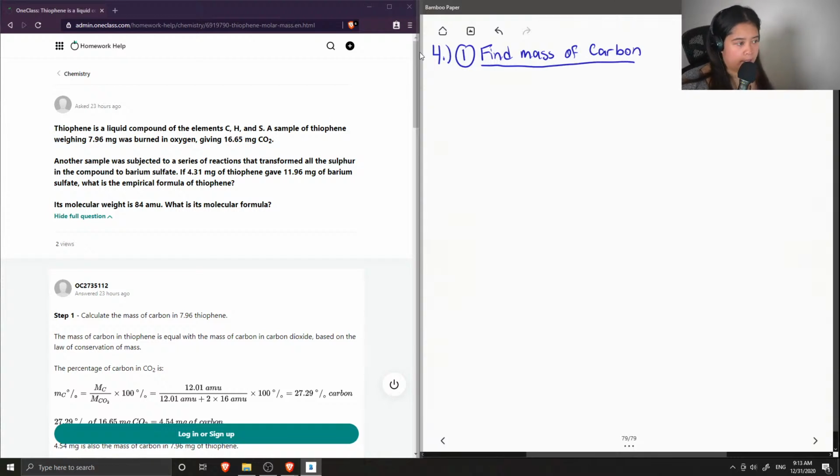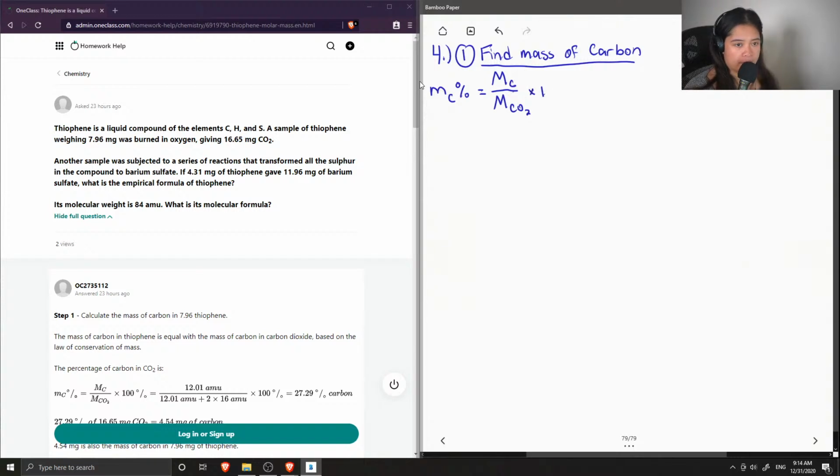So the question says that when a sample of thiophene weighed 7.96 milligrams, it gave 16.65 milligrams of carbon dioxide. So first we need to find the mass percentage of carbon that is in carbon dioxide. So mass percent of carbon. And to do that, we are going to take the molar mass of carbon divided by the molar mass of carbon dioxide.